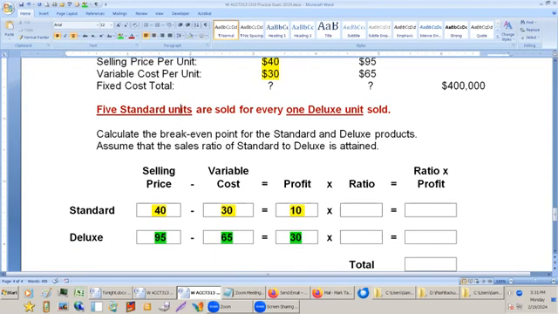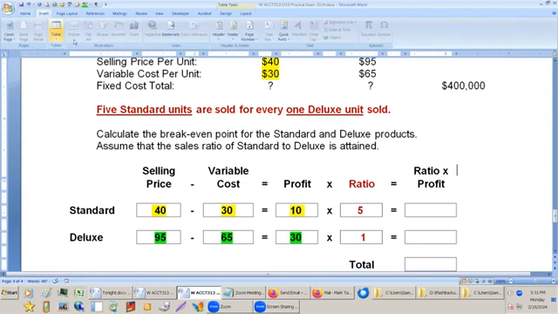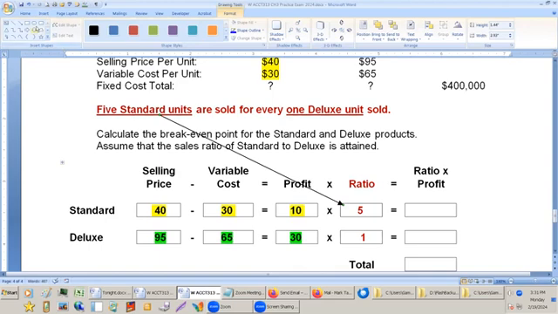The ratio of 5 to 1. And that's just from here. Okay, here we go.